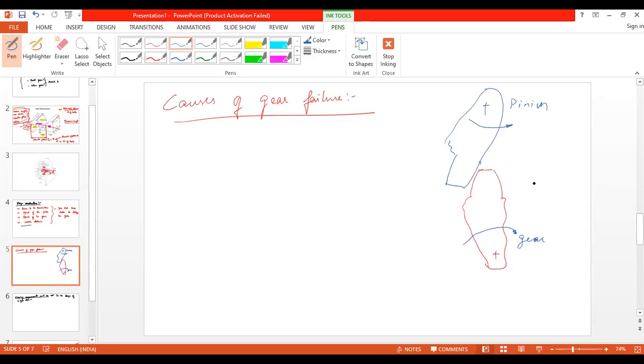The maximum stress of the component exceeds the yield stress, then failure might occur. See, this is a case of dynamic loading.